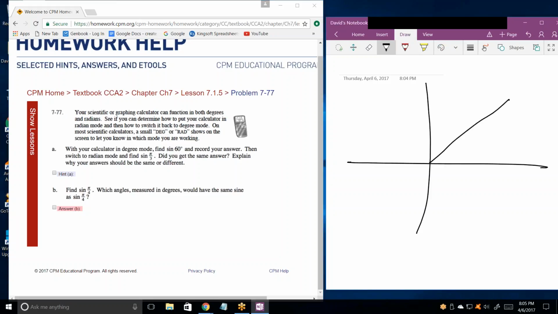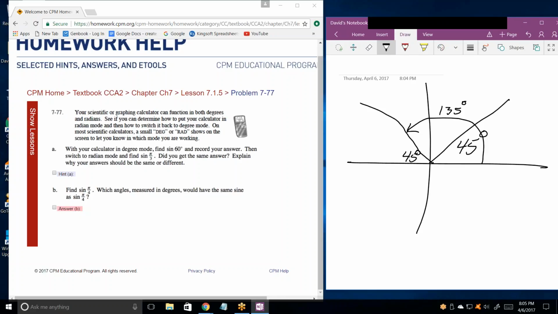The sine of 45 degrees is square root of 2 over 2, but the sine of 135 degrees is also that. Notice that the 135 degree angle makes that reference angle 45 degrees.